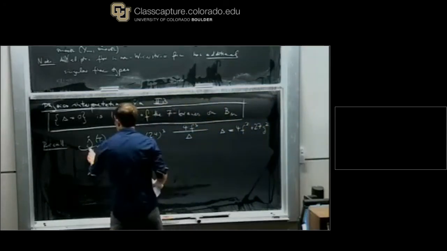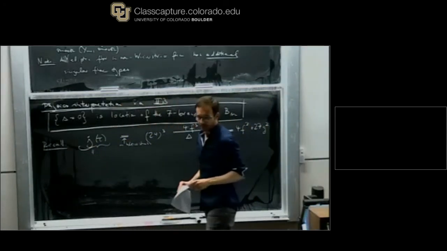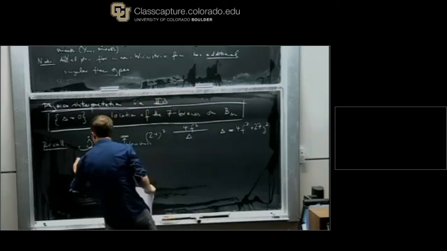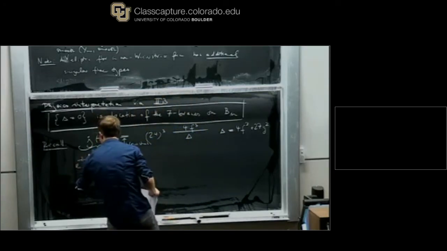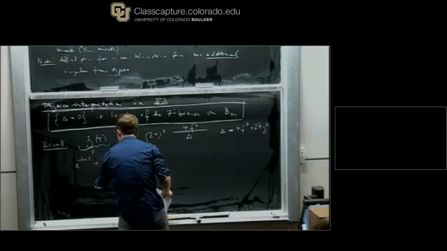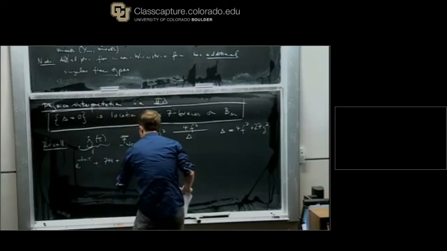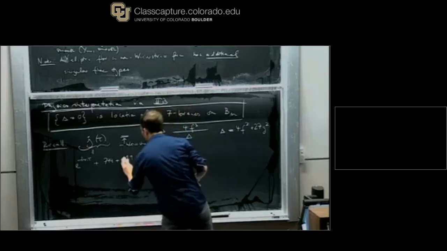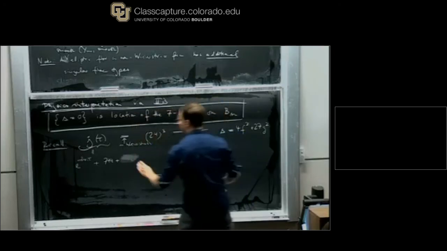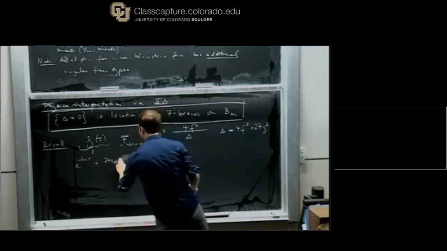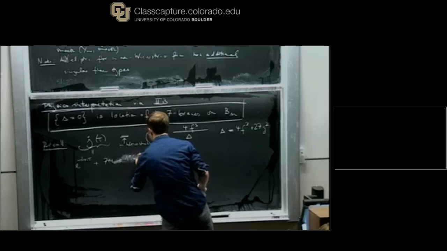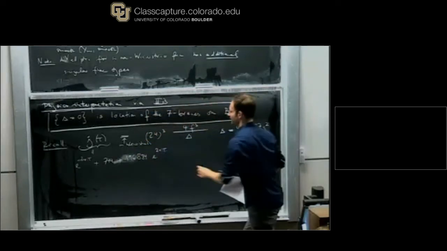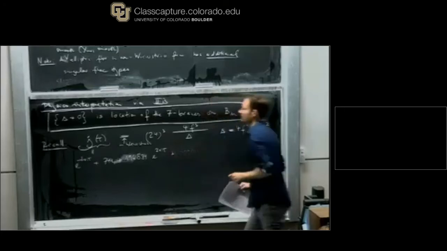And this j of tau enjoys an expansion in e to the 2 pi i tau of the type e to the minus 2 pi i tau plus 744, plus then 196,884 times e to the 2 pi i tau, famous number, plus higher order terms in e to the 2 pi i tau.